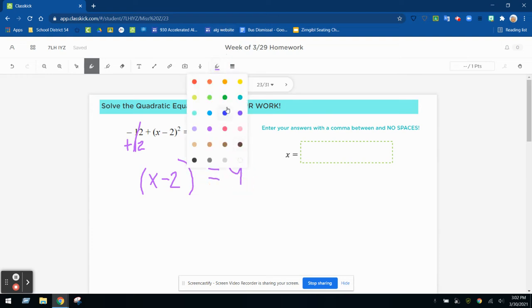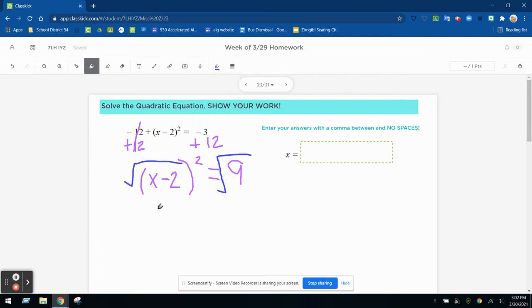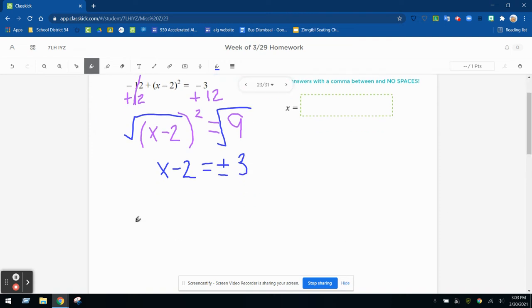Now that what is squared is alone, I can take the square root. So I will get x minus 2 equals positive or negative 3, okay? So this is what we have to do. You cannot just add 2, make it 5, and then have a negative 5. You actually have to split it up into 2 separate equations because your answers will both be different.